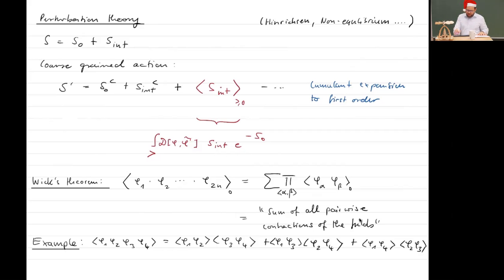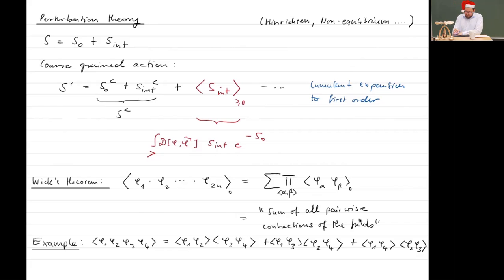If we do this cumulant expansion, then we see that our updated action is equal to the action in the lower wave vector, so on the larger length scale, so inside the momentum core, plus the first moment of this interacting action.